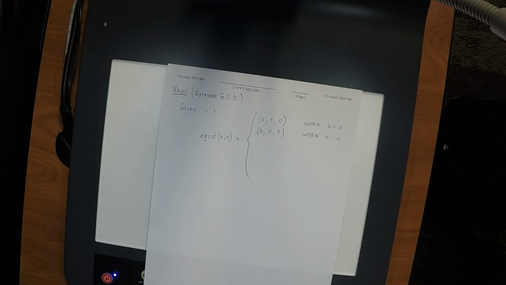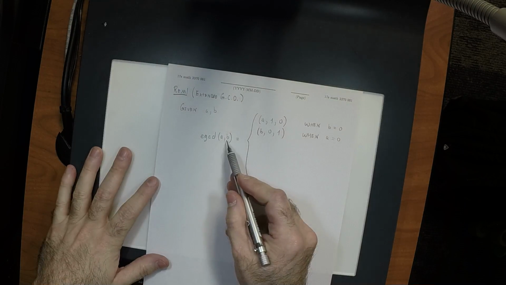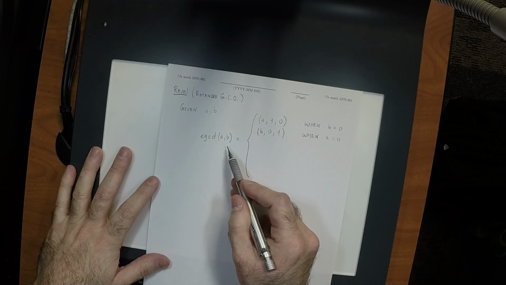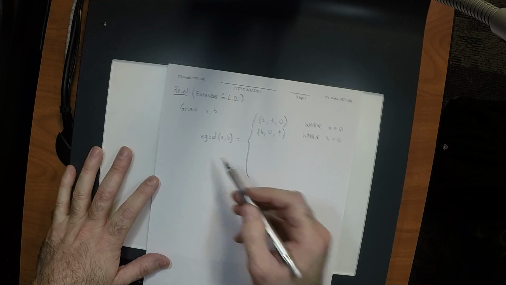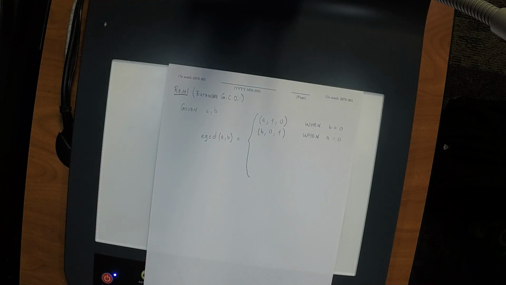Okay, so now we have the base case, the recursive case. So we're surely going to have to recurse. And we're going to have to recurse to the same arguments that we did before, which is to say that we'll have to recurse, moving B to the first argument, and then what will be the second argument? The remainder. Okay.